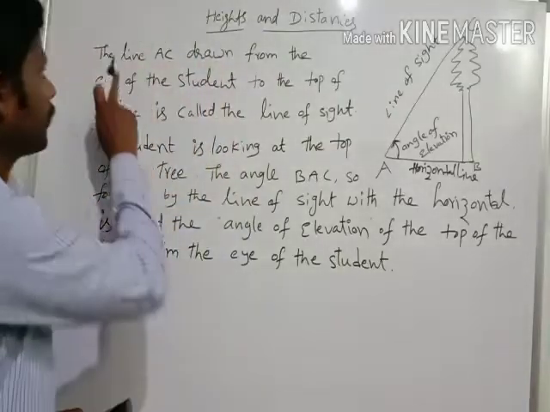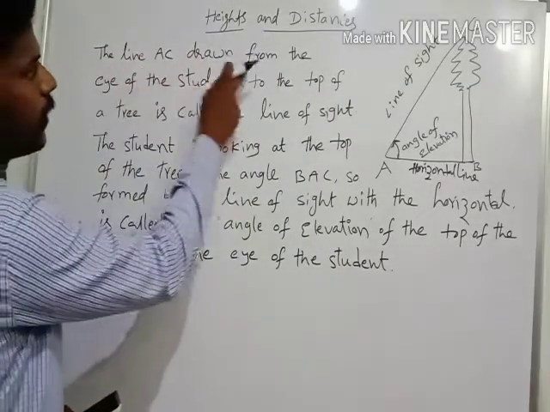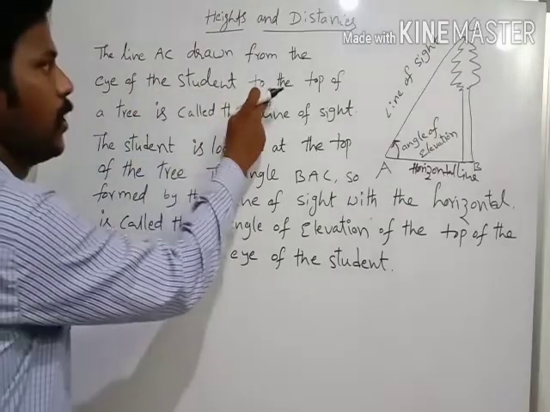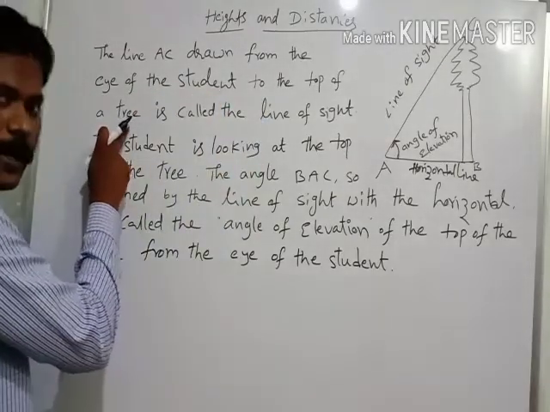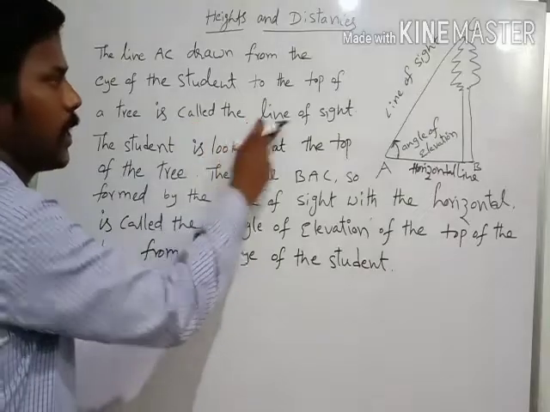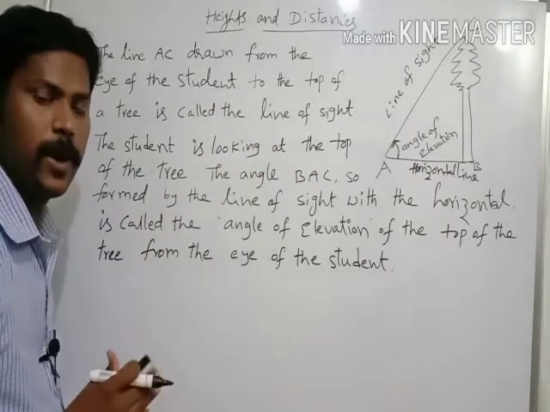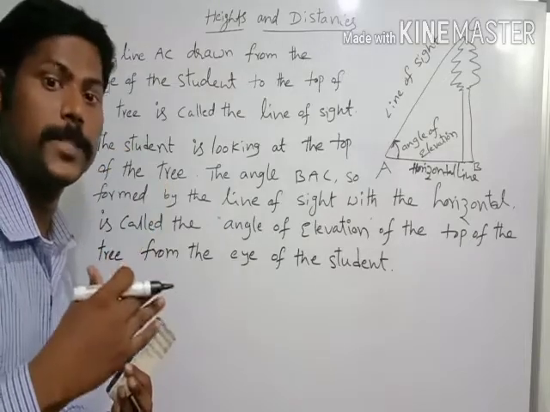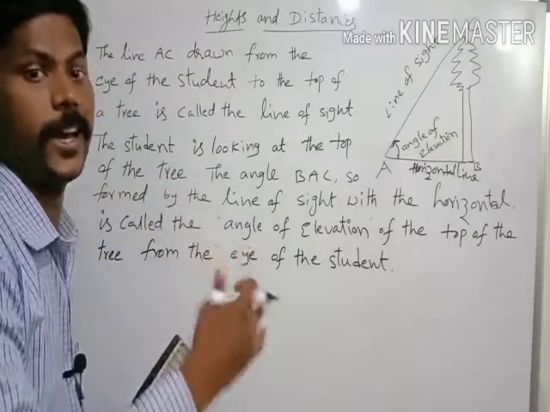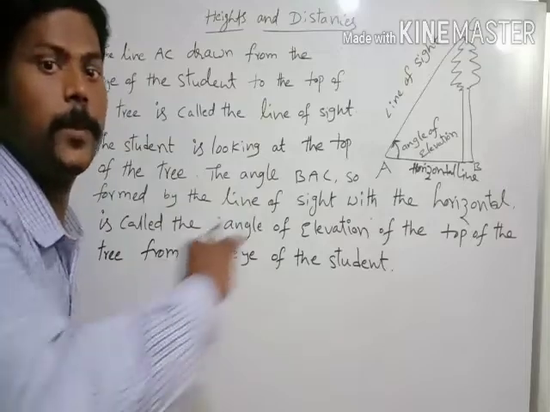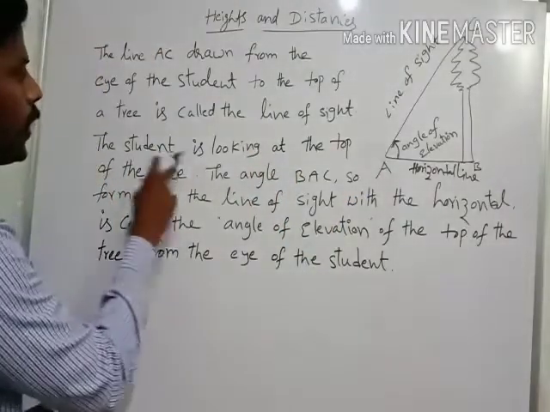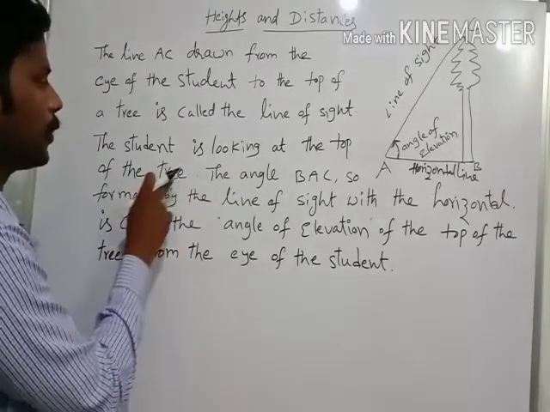Look at the board. The line AC drawn from the eye of the student or observer to the top of the tree is called the line of sight. That means if you draw an imaginary line from the observer to the object being observed, it is called the line of sight. The student is looking at the top of the tree.